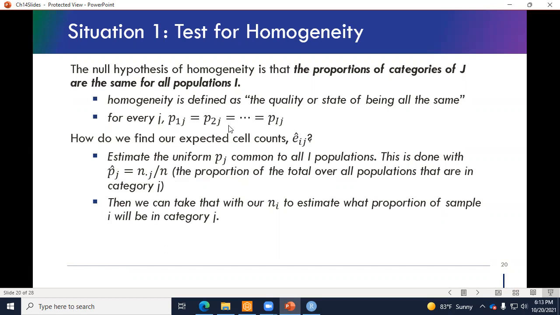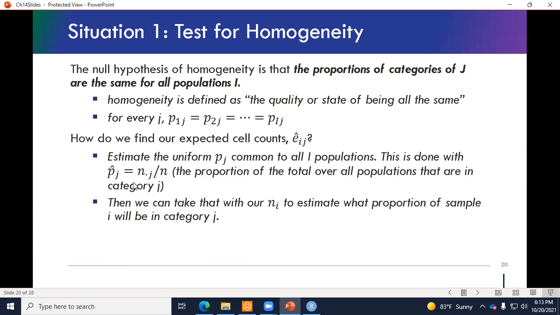All of this is equal to, say, Pj. And this is done with Pj hat being n dot j divided by the total number n. So that is the proportion of the total over all populations that are in category J.